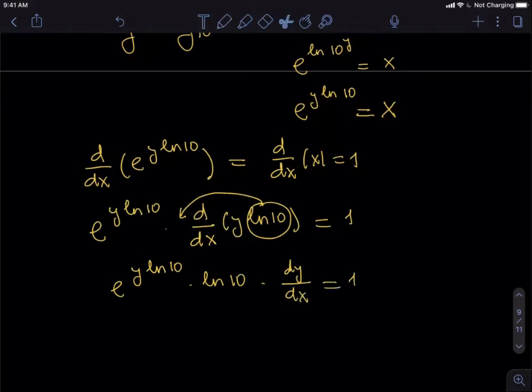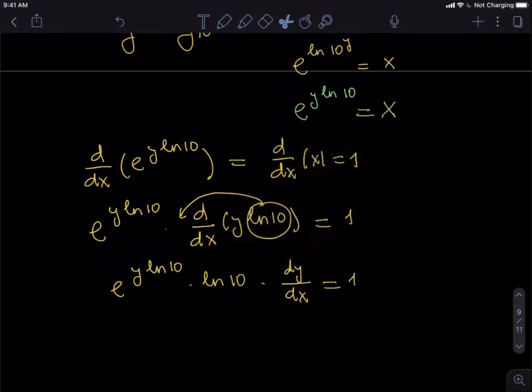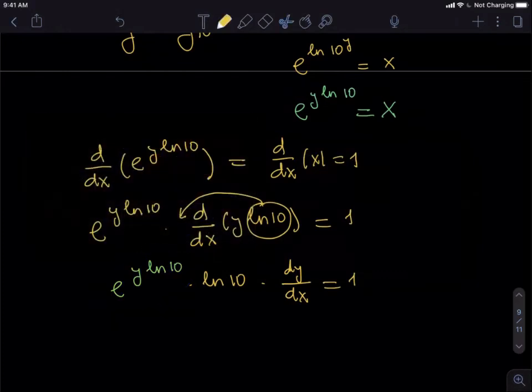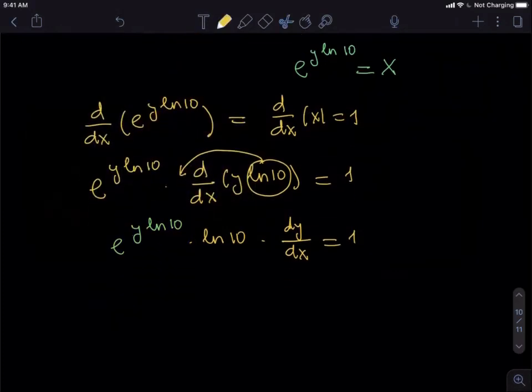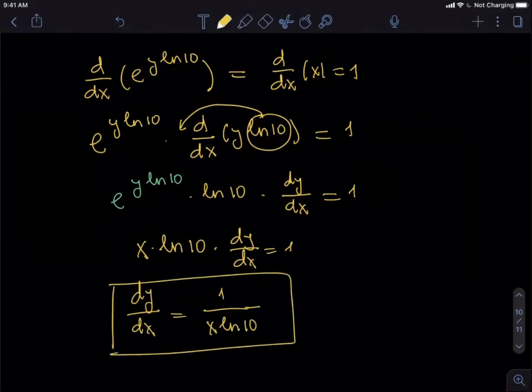And now remember, it's always important to remember why we are doing things. So this exponential of y logarithm of 10 is equal to x, so I might as well write it already. And then I realize that dy/dx in this case is 1 divided by x logarithm of 10. And that's the answer to the question.